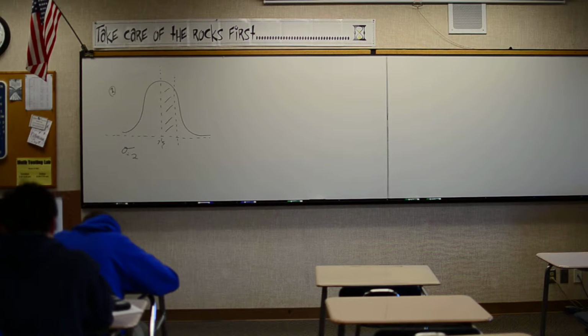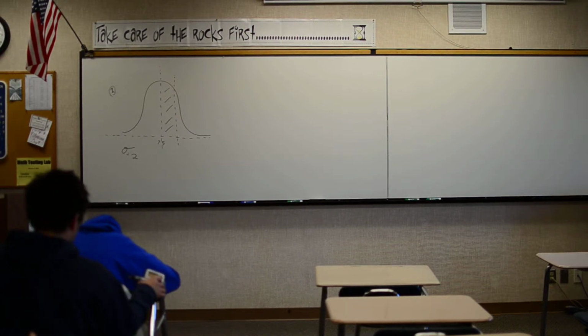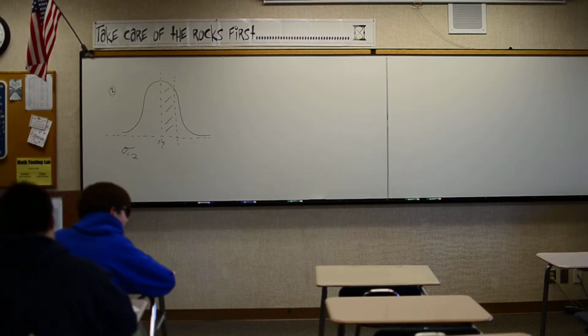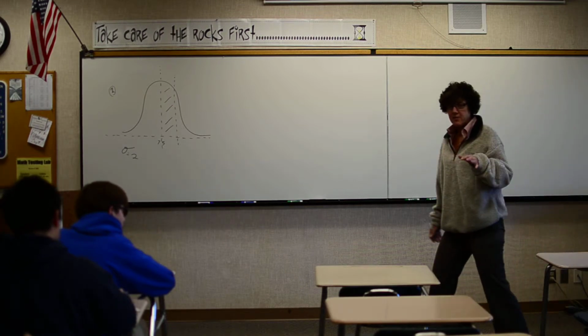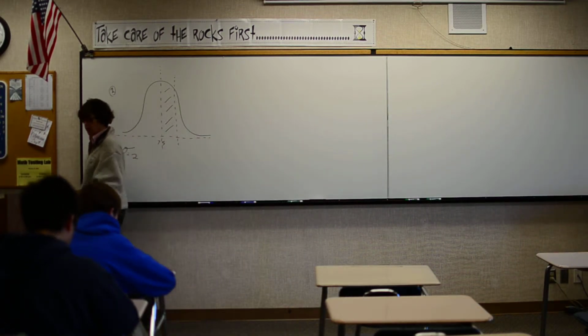What was number 3? It was the percentage that lies 1 standard deviation away from the mean in the positive direction. And 4 was your question. And number 5 is the challenging one. What is a z-score? What does a z-score tell you?